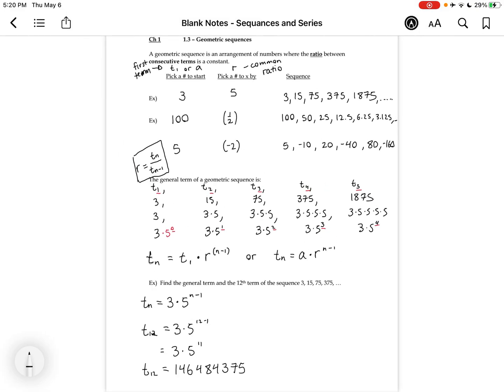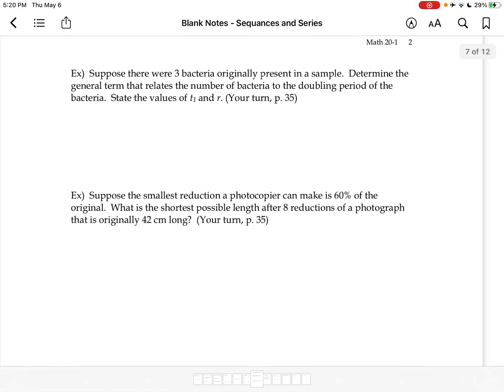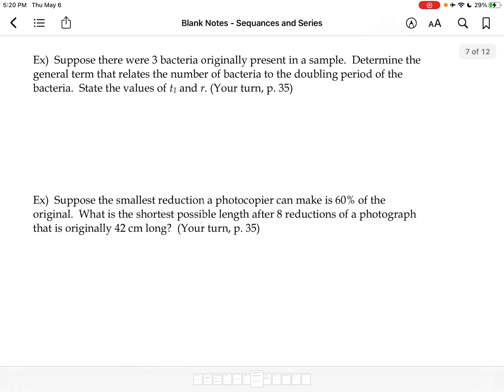Okay, let's look at some more examples. Suppose there were 3 bacteria originally present in a sample. Determine the general term that relates the number of bacteria to the doubling period of the bacteria. If these bacteria double, then T1 is how many bacteria there are originally, which is 3.